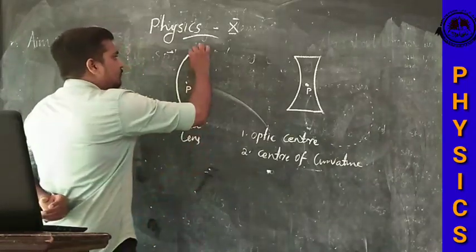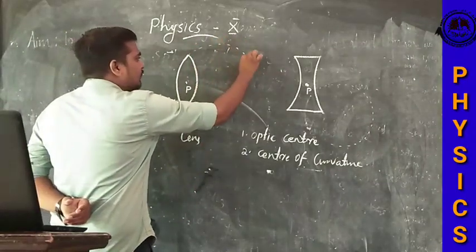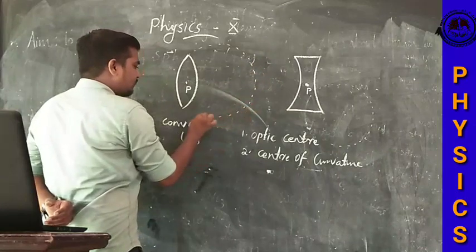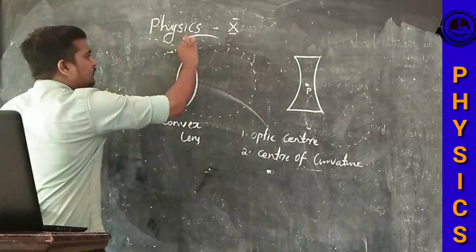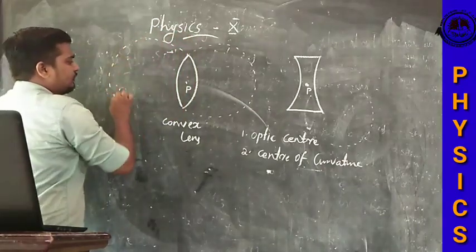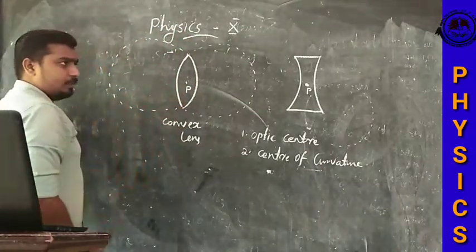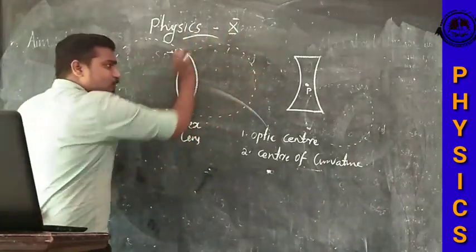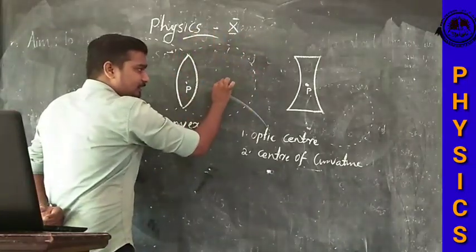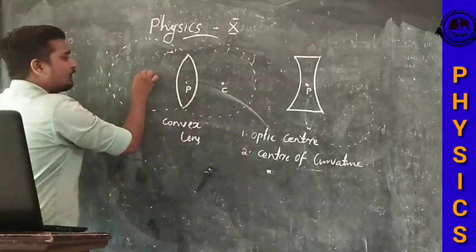Here this is the imaginary sphere of this part, and this is the imaginary sphere of the other surface. The center of this imaginary sphere is called the center of curvature.